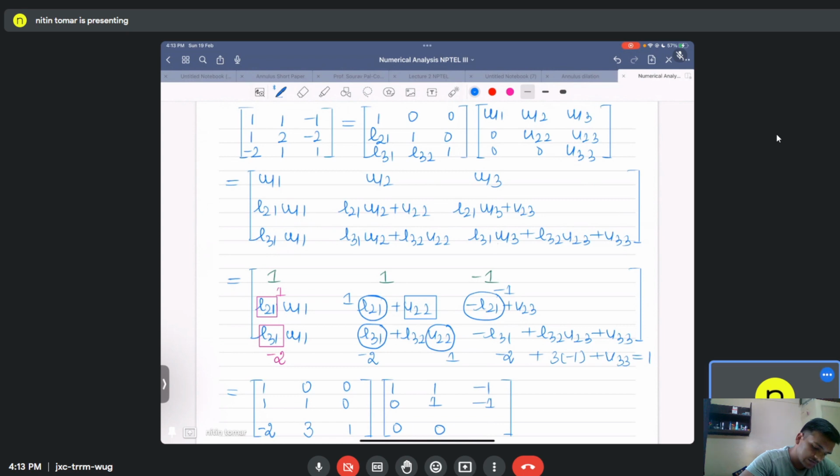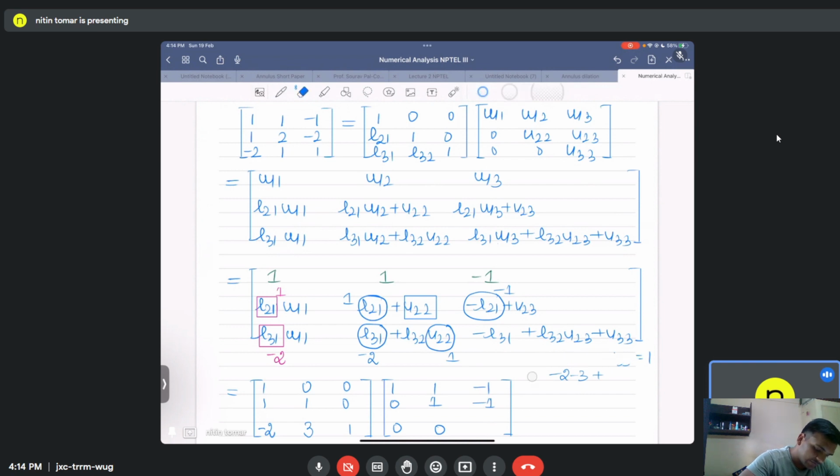First 3, plus 2. 6 it should be, right? What should be the value? Tell me please. Minus 2, minus 3, 0, sir, I think. First term is 2. L31 is minus 2, so minus L31 equal to 2.